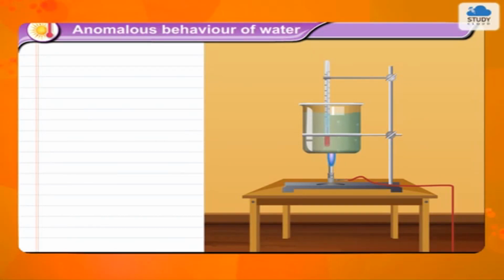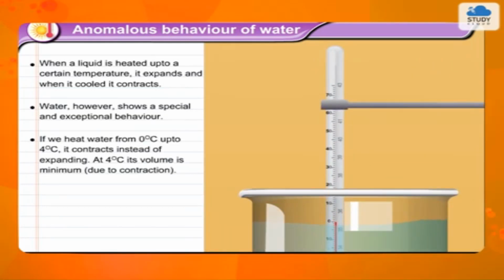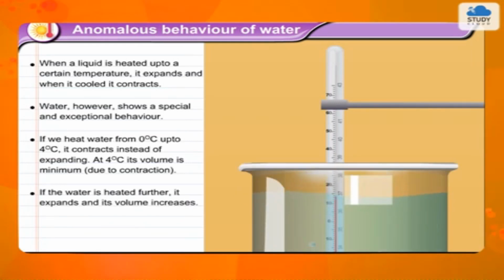Anomalous behavior of water. When a liquid is heated up to a certain temperature, it expands, and when it is cooled, it contracts. Water, however, shows a special and exceptional behavior. If we heat water from 0 degrees Celsius up to 4 degrees Celsius, it contracts instead of expanding. At 4 degrees Celsius, its volume is minimum due to contraction. If the water is heated further, it expands and its volume increases.